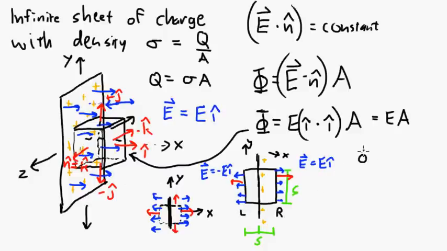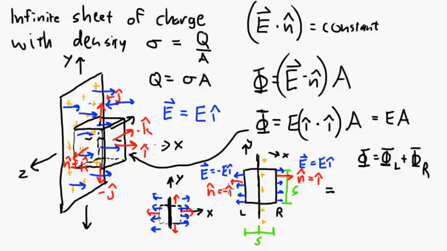Okay, and on this side our normal vector is negative i hat, and on this side our normal vector is positive i hat. So in both cases, what we're taking is already on the positive side. We already did this. We found it was EA. On the negative side, you're going to have E times negative i hat dot negative i hat, and that's also going to equal 1.